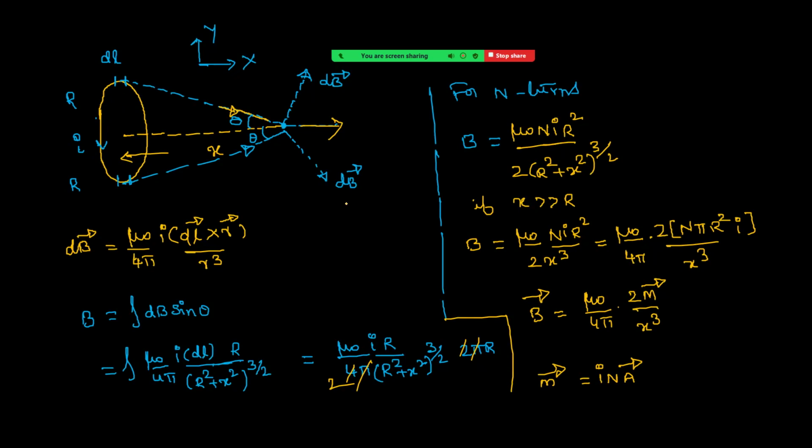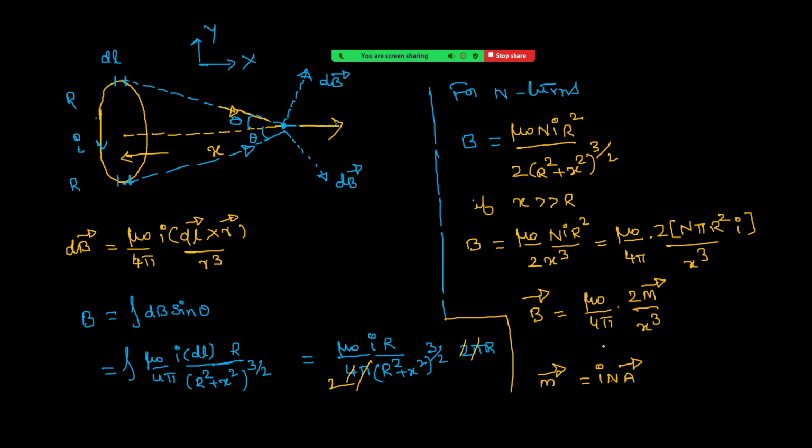Taking that as the direction of a bar, m bar equals I into n into a bar. And this m bar is known as magnetic dipole moment. Earlier we learned that a current carrying loop acts as a magnet. So this is the magnetic dipole moment.